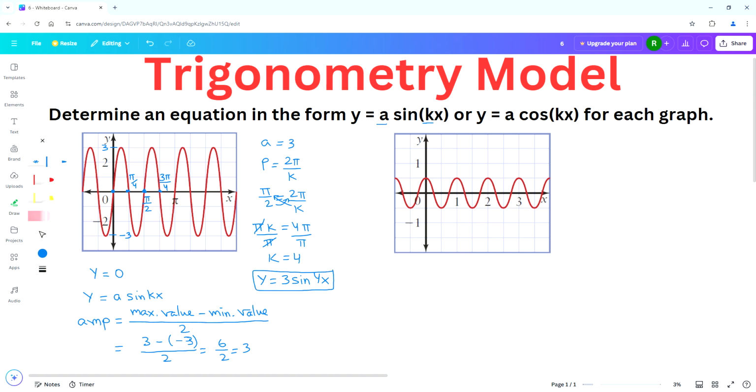Now we can analyze the second graph. The first step is to identify whether we should use sine or cos function for this graph. As per the given graph, the maximum value for this function is 1 over 2. The minimum value is negative 1 over 2.